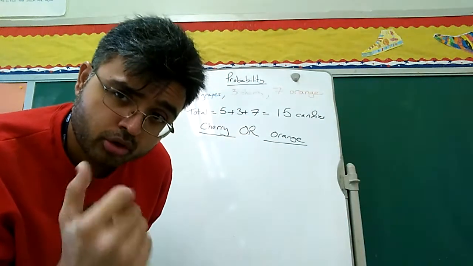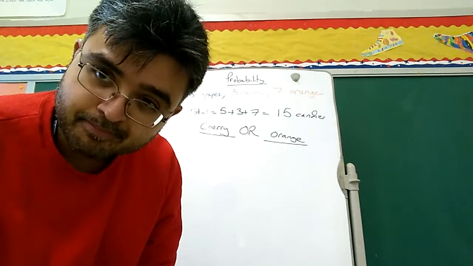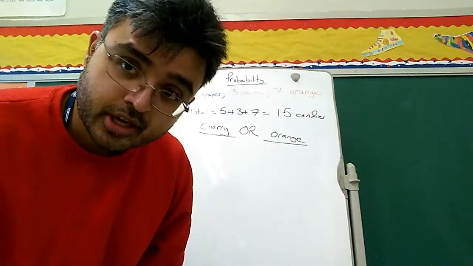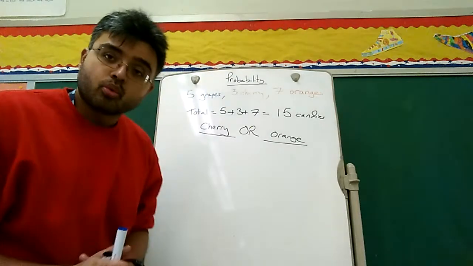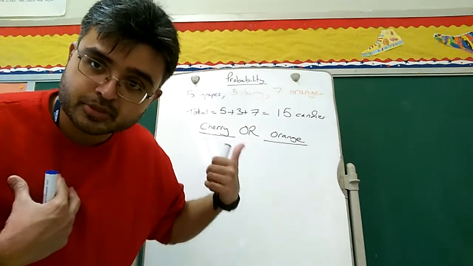Cherry flavored or orange flavored? How do we figure this out? Well, first step, you have to find the probability of each one of these flavors. So let's start with the cherry.